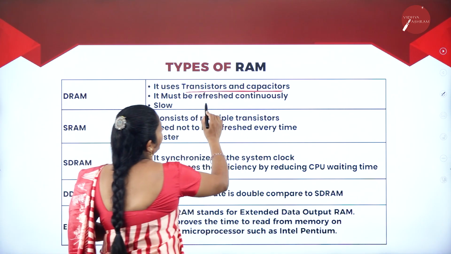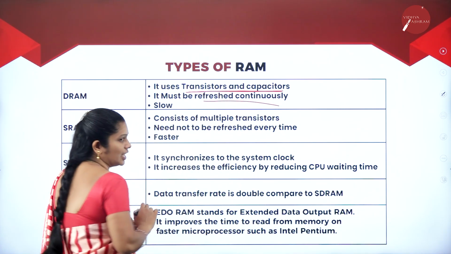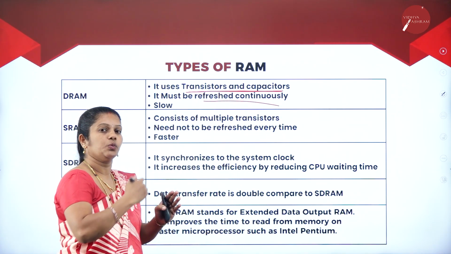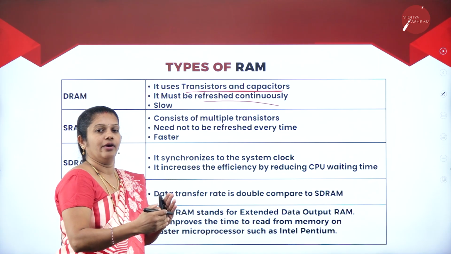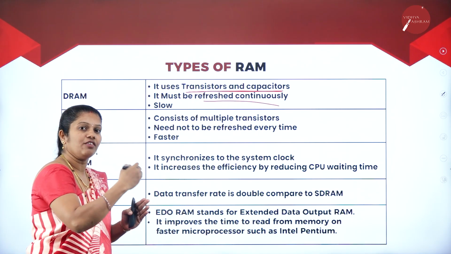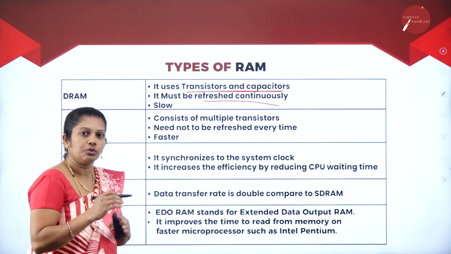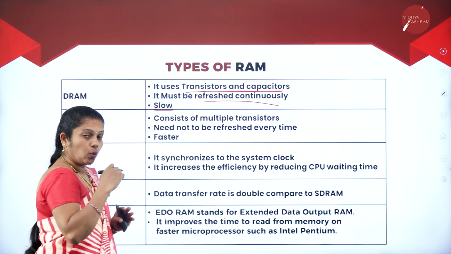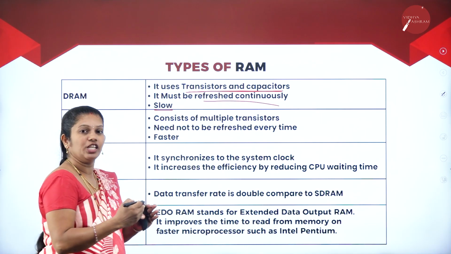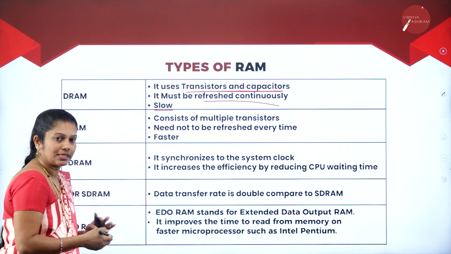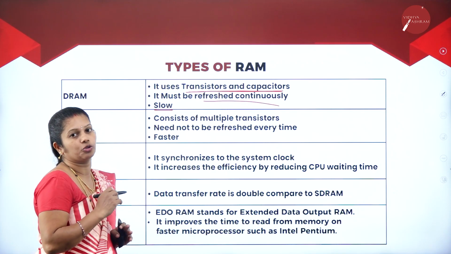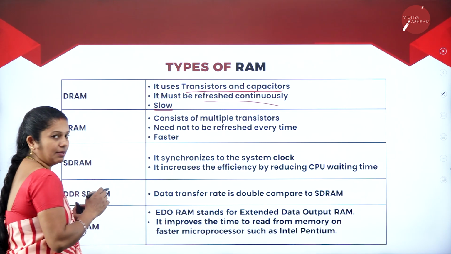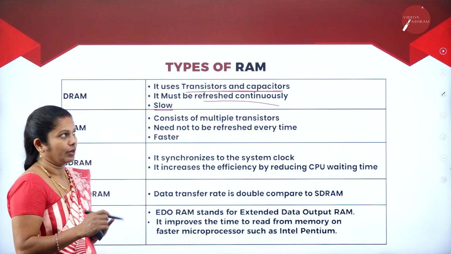It must be refreshed continuously. Always we have to refresh that. After doing every task, we have to refresh that. Then only will we be able to store the data. Cost wise, it is very low, and it is very slow also. That is dynamic random access memory.